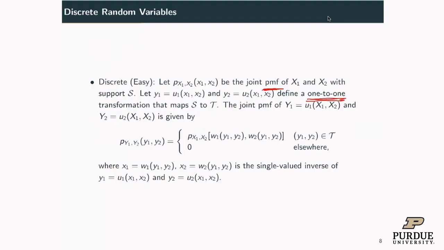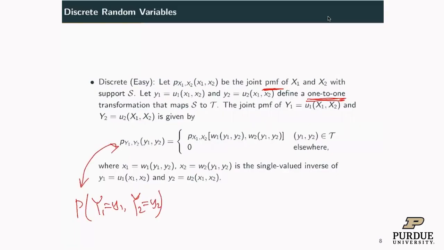The new random vector, Y1 is U1(X1, X2), and Y2 is U2(X1, X2). What's the joint PMF? We can work it out directly. For example, probability Y1 equal to little y1, Y2 equal to little y2. So that's the joint PMF.